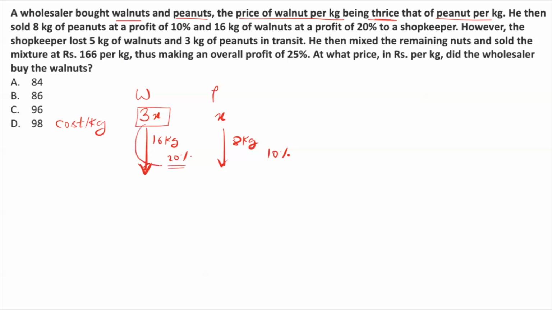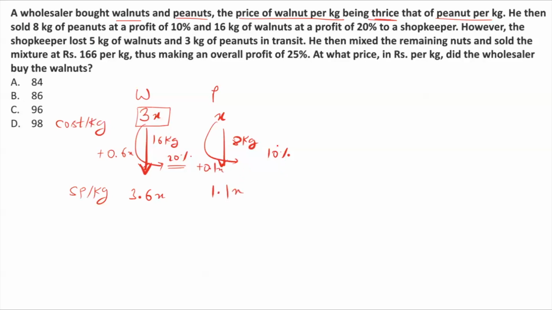So 20% of 3x is 0.6x, meaning the selling price per kg will be 3.6x. Similarly, for peanuts the profit is 10%. The cost being x, 10% of x is 0.1x, so the selling price is 1.1x.